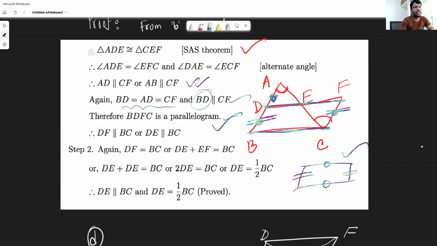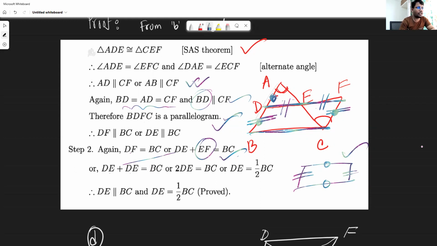Now DF is divided into two parts. First one is DE, another one is EF. So DF equal to BC. We have already done this, dividing into two parts.